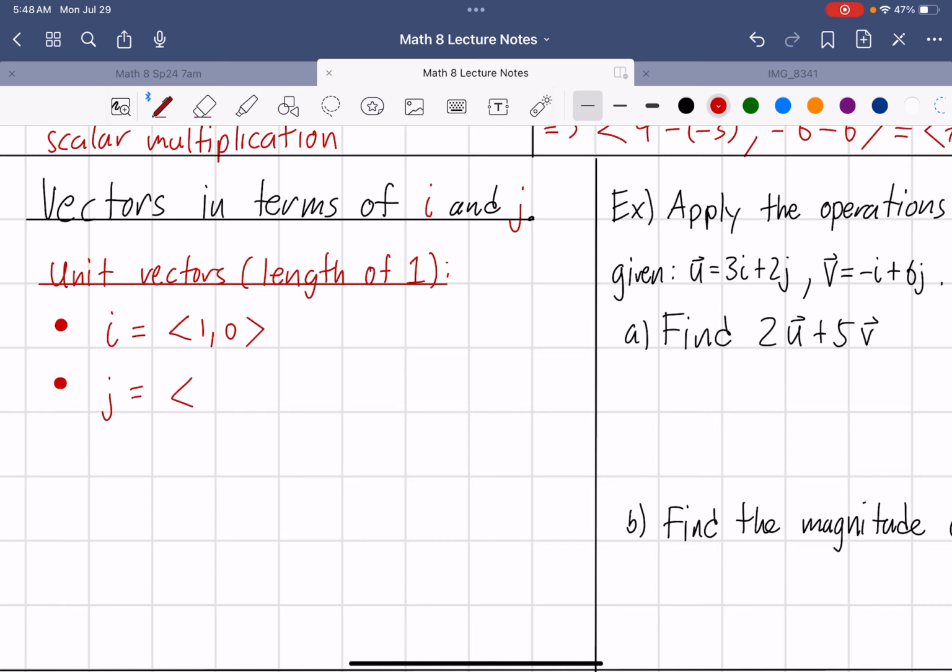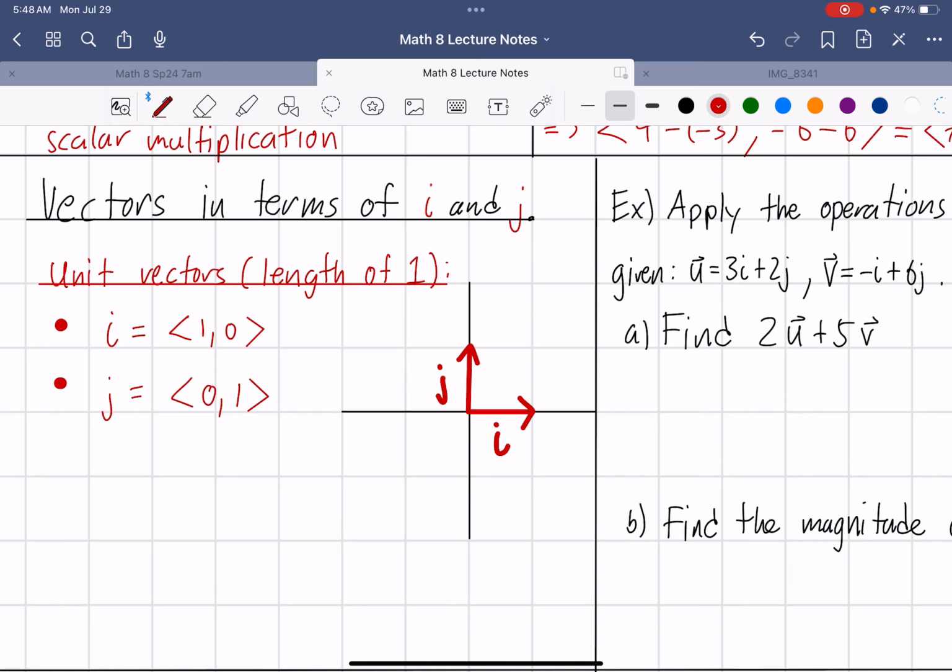And then j is a unit vector of length 1 in the y direction. If I were to do a quick sketch of them, this is what they would look like. So we have, again, imagine this is length 1, vector i, length 1 is vector j.